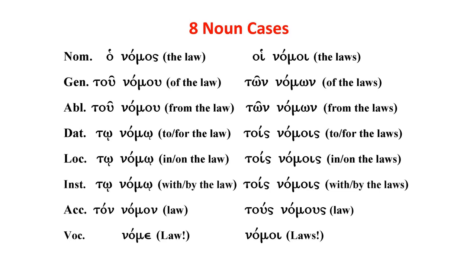So if you see this one construction, tō nomō, just know in your mind and be able to think through: it's either to or for, that would be dative; in or on, that would be locative; or with or by, that would be instrumental. And then the accusative case form of law would be ton nomon.